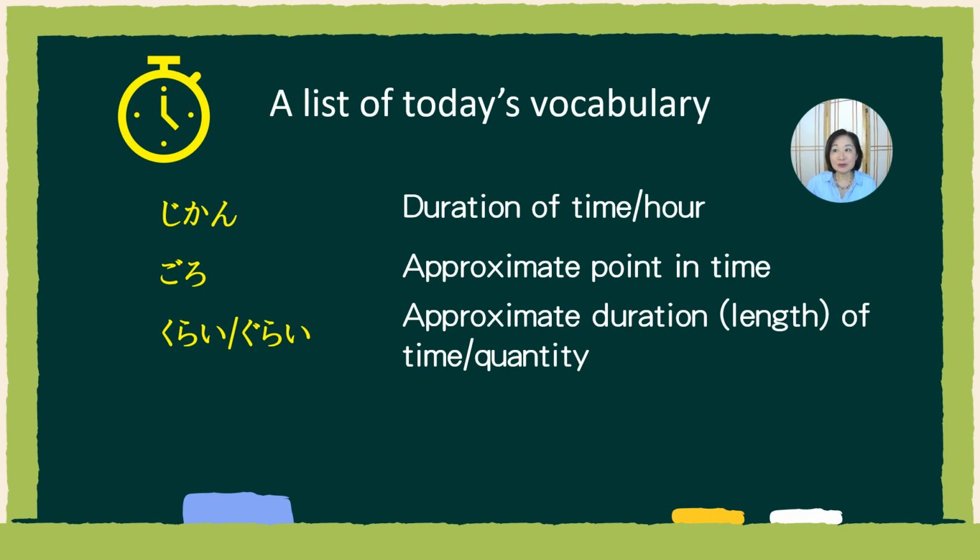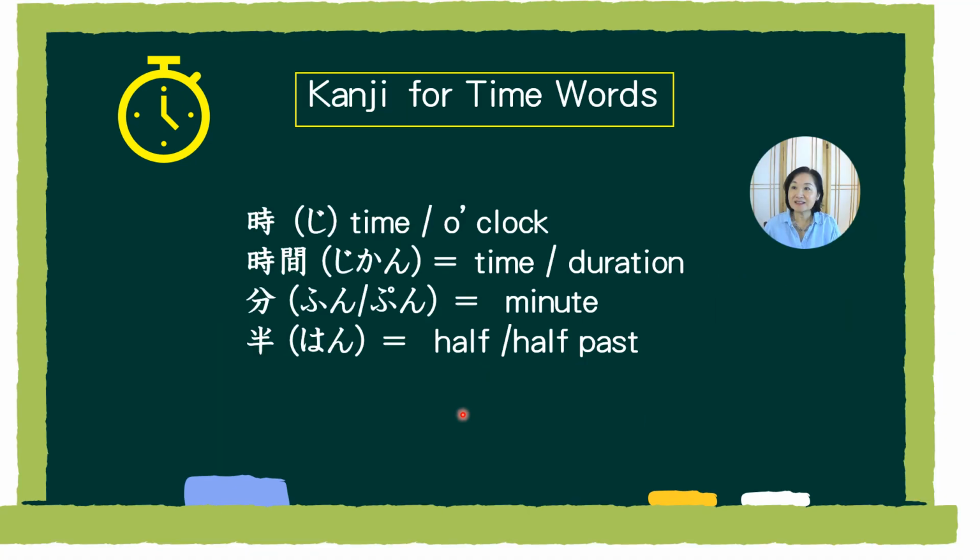I will also use kanji in today's episode, so let's take a look at them as well. Here are the kanji for time-related words that we'll be using in today's lesson. Seeing these kanji on the slide will make it easier for you to recognize time-related expressions. Please take a look at this second word.